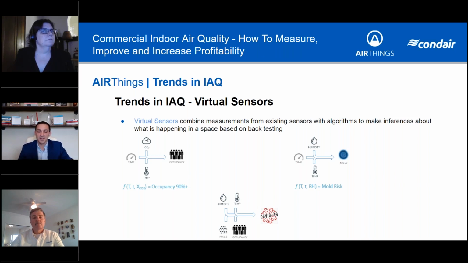If you have discoloration and you're able to detect that in the environment, well, it's a bit too late. We already have a problem now, and you have to get a mitigation plan and potentially shut down parts of the building. Whereas if you can identify that before mold is actually capable of growing, you really have a leg up and you can prevent that from ever being a problem.